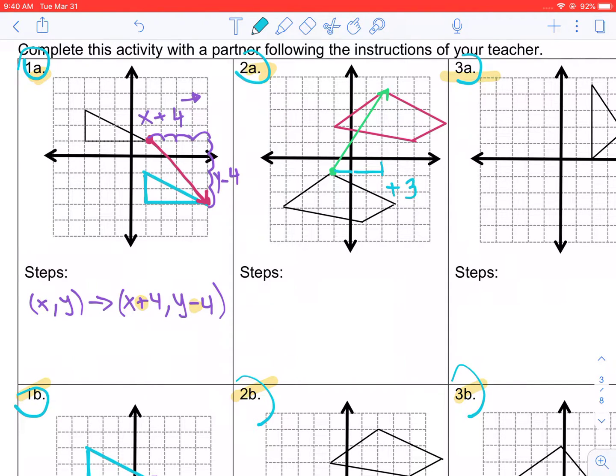That's a +3. How many units am I moving vertically? 1, 2, 3, 4, 5. I'm going up, so that's a positive. Y plus 5. I would say that my steps are taking x and y and adding 3 in x, which means moving right, and adding 5 in y, which is moving up. Again, if you don't want to write it in a fancy way, you can just write it in sentences.